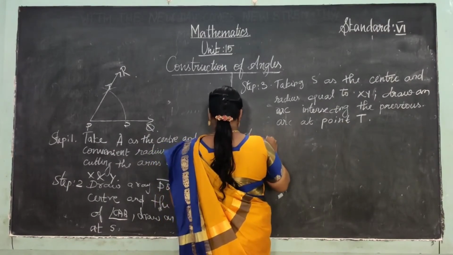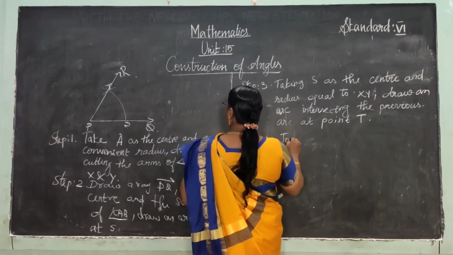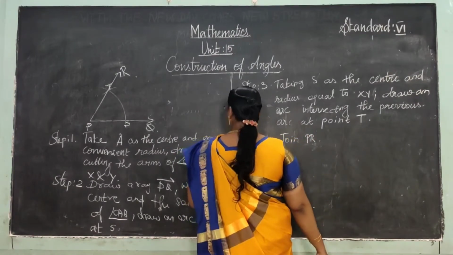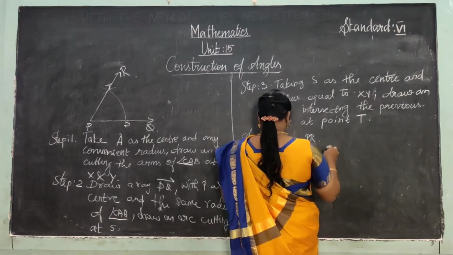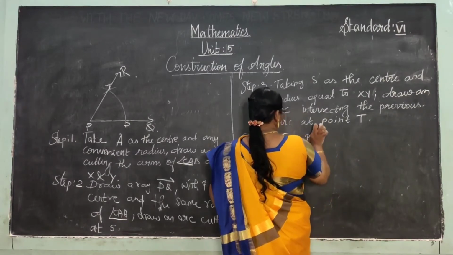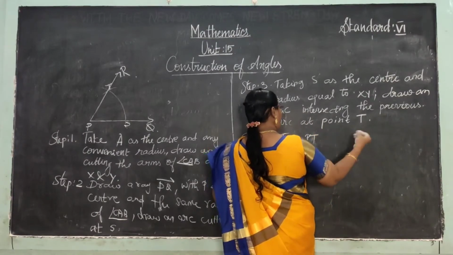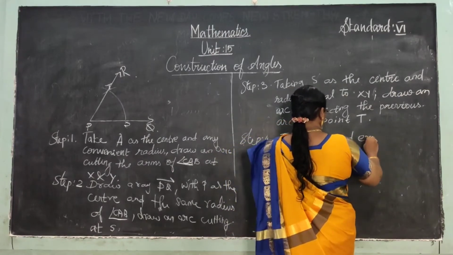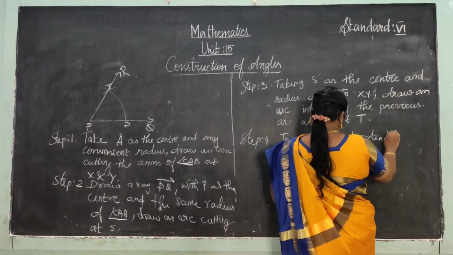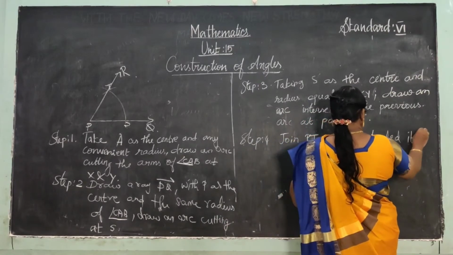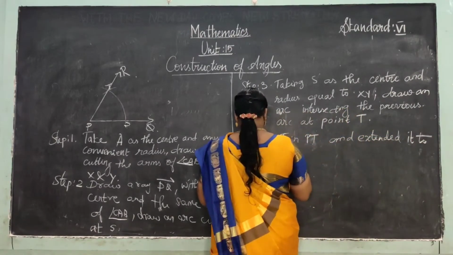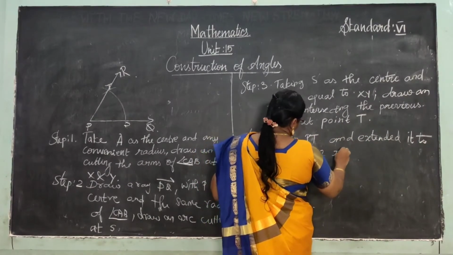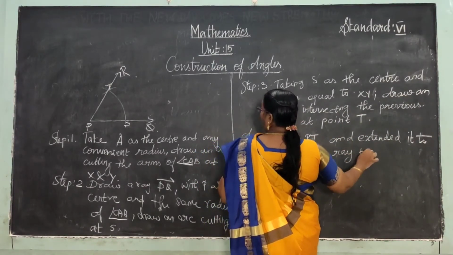Step 4, join PT and extend it to form a ray PR.